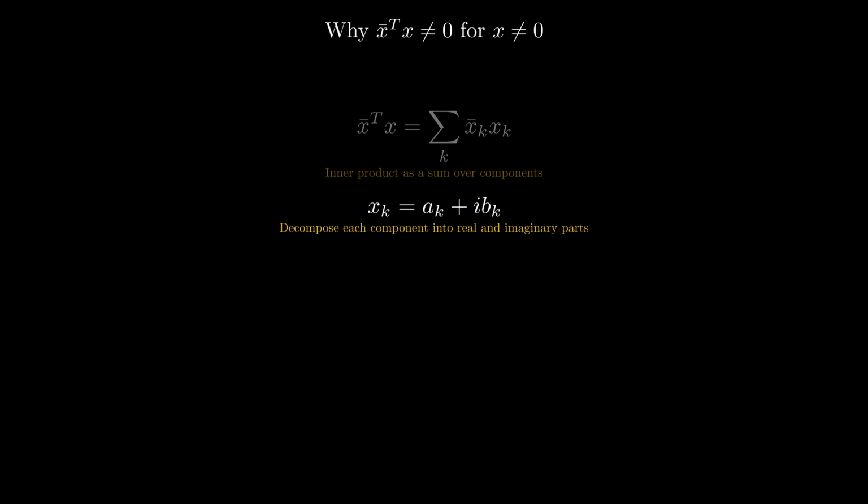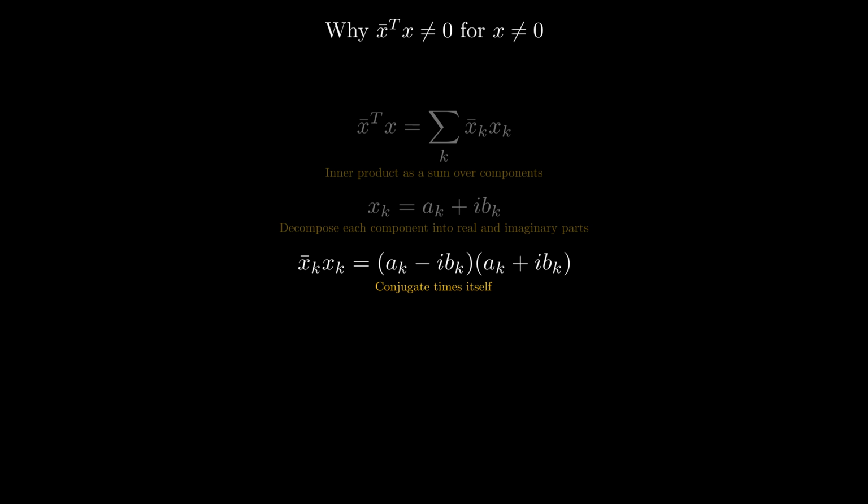We are one step away from the punchline. We want to cancel x bar transpose x from both sides, but we can only cancel a quantity if it isn't zero. So let's see why x bar transpose x is never zero for a nonzero vector. Write each component x sub k as a sub k plus i times b sub k, splitting it into real and imaginary parts.